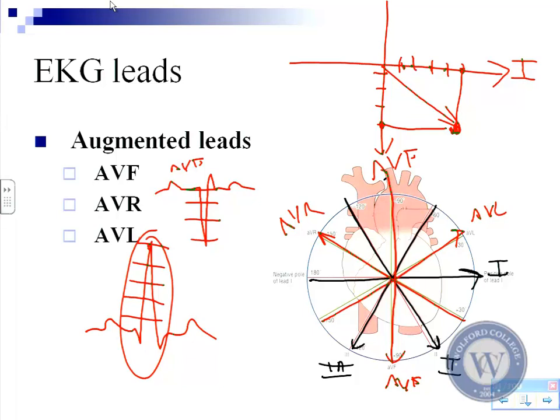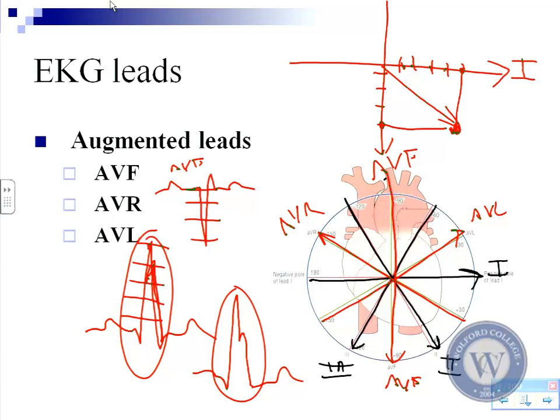So what would you see? When you look at your EKG in lead 1, you would see rabbit ears, but they'd still be positive. But in lead AVF, your EKG would do this. So it becomes positive. Sorry, not positive.